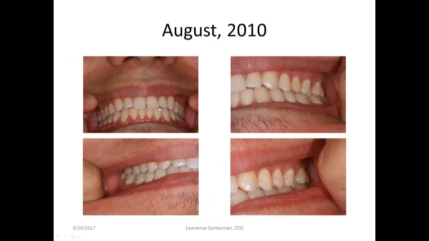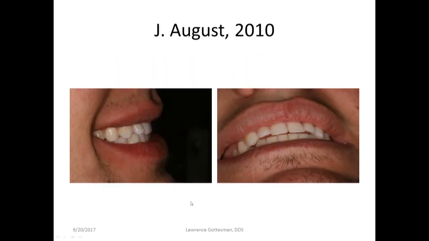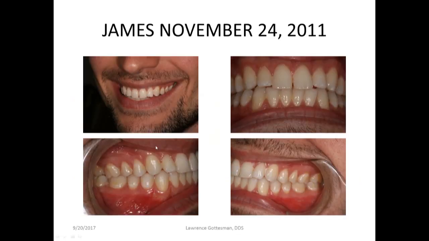So going back to the patient who developed the anterior open bite, look how terrific in 2010. We're looking still a little anterior open bite, but it's satisfactory. Patient's doing really well. And here are the changes on November 24th. That's when he was over my house for dessert on Thanksgiving, and I got these pictures.